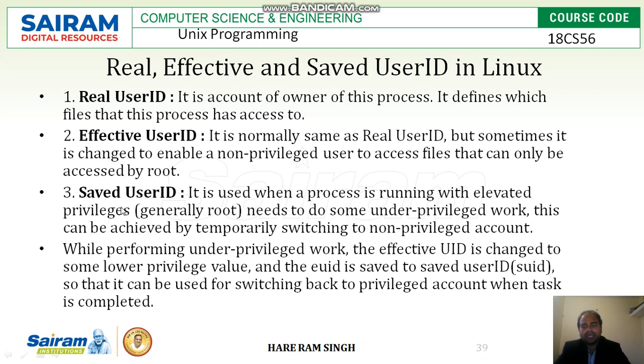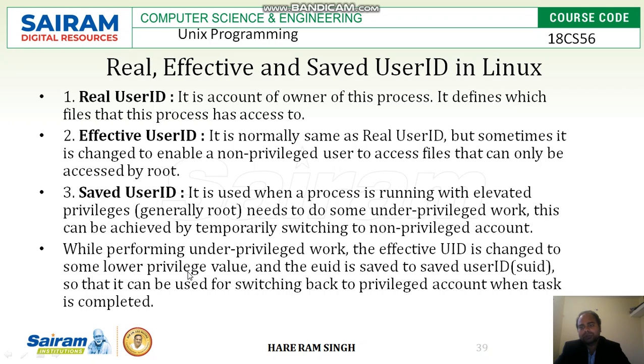In that case, we need the saved user ID. While performing underprivileged work, the effective user ID, which is elevated, is changed to some lower privilege value, and the effective user ID is saved to the saved user ID, so that it can be used for switching back to the privileged account when the task is completed.